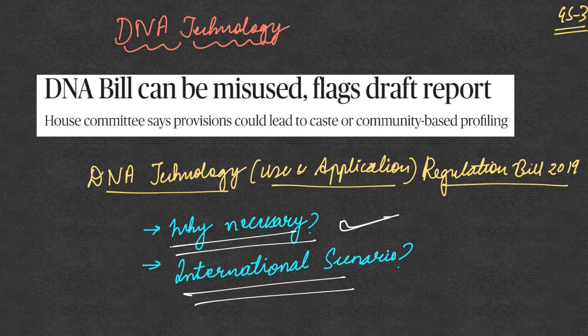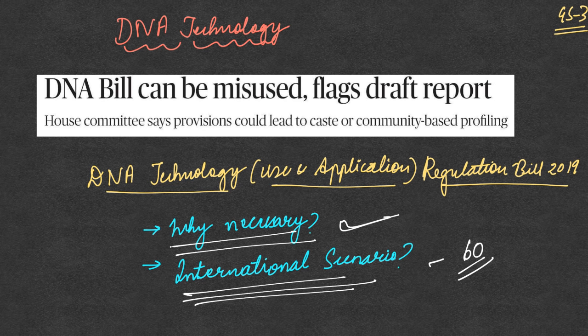Even when we talk of the international scenario, more than 60 countries have already enacted a law related to this. They already have the DNA profiles of the past convicts, the undertrials and the sexual offenders. They have the DNA profiles maintained like that, and that makes it very easy for them to arrive at the criminal of any crime scene.